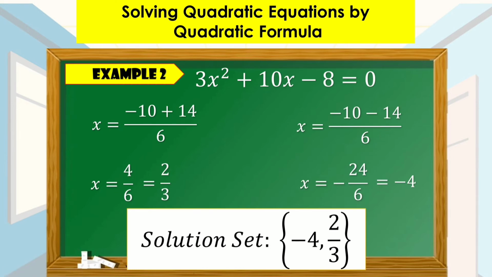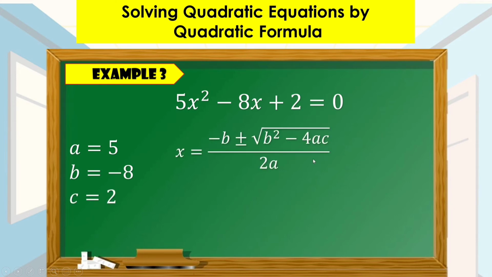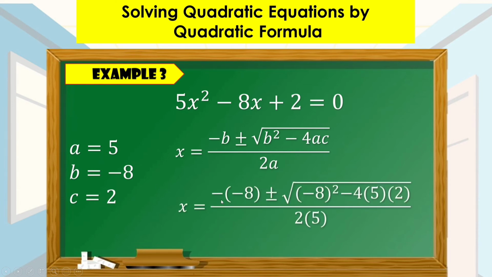And for our last example, 5x squared minus 8x plus 2 is equal to 0. Value of a is 5, b is negative 8, c is 2. Substitute the given values of a, b, and c. We have x is equal to negative times negative 8, that is the value of b.